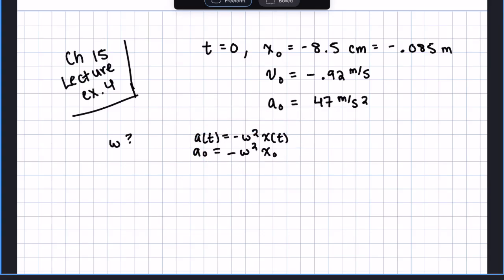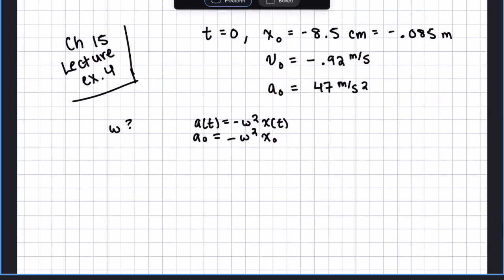Then I'm changing my acceleration and position to be when time equals 0, because those are the 2 values that I have. So a0 divided by negative x0 would be equal to omega squared, and then I could take the square root of those 2 things.